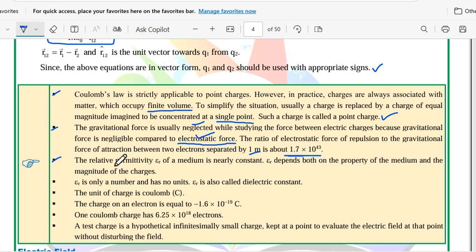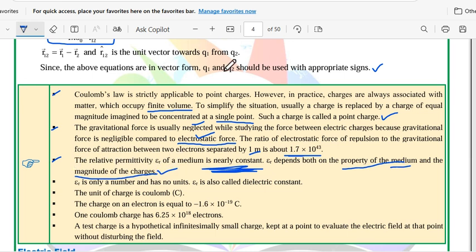Next, the relative permittivity epsilon r of a medium is nearly constant.